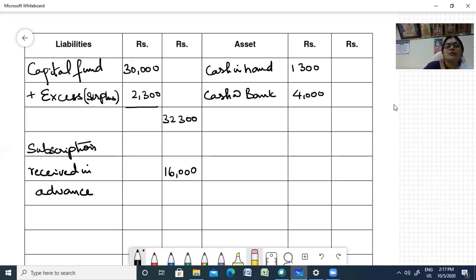So that comes to 5,300. Okay, so furniture, 10,000. Investment, 28,000.